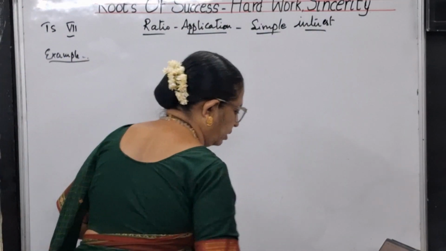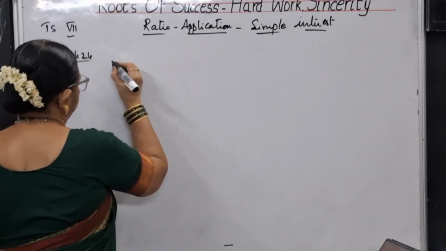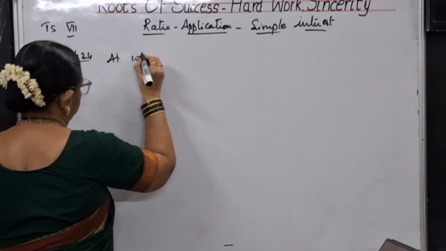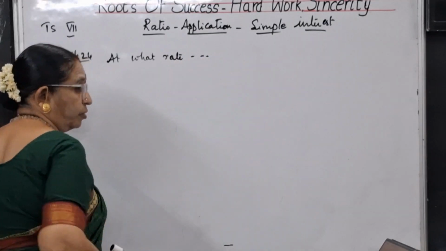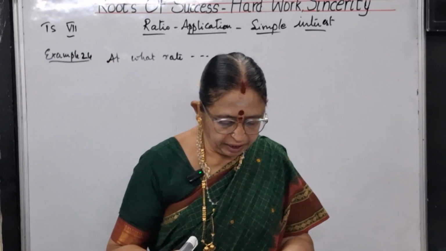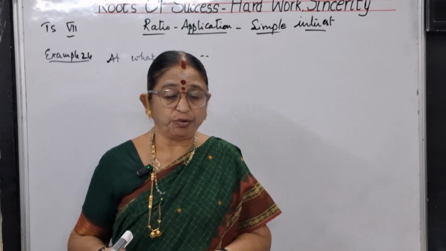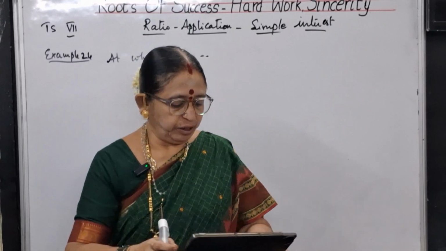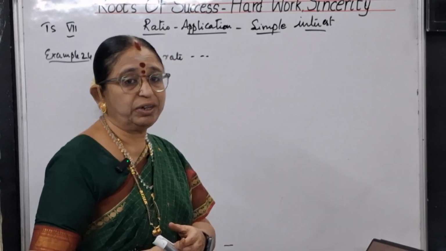Now let us go to example 24. At what rate per annum will the principal triple in 16 years? Triples means 3 times. So they are asking the rate. Nothing else is given to us.